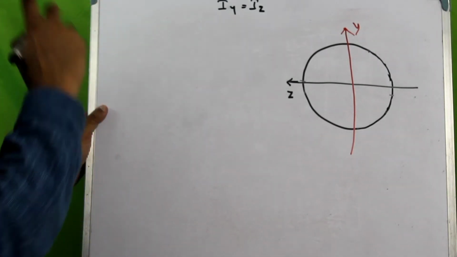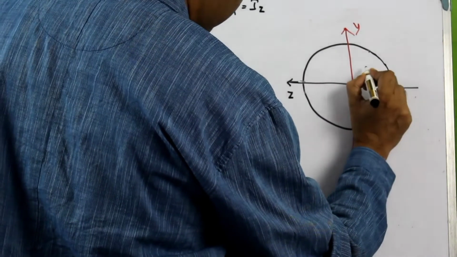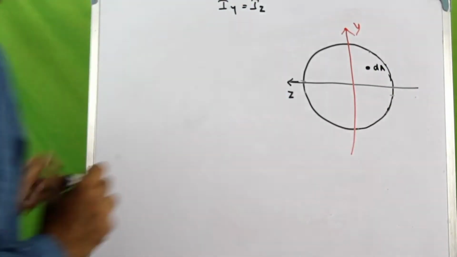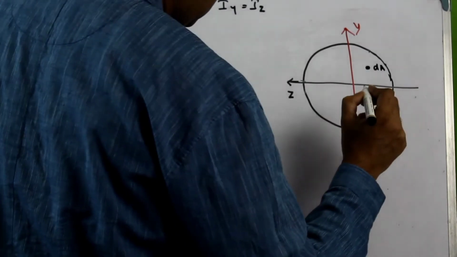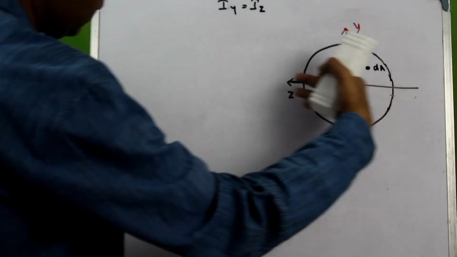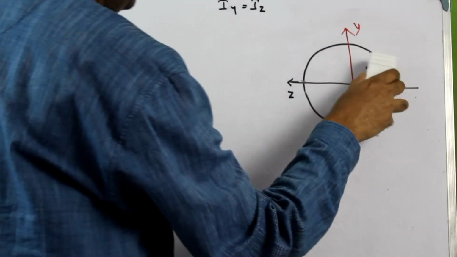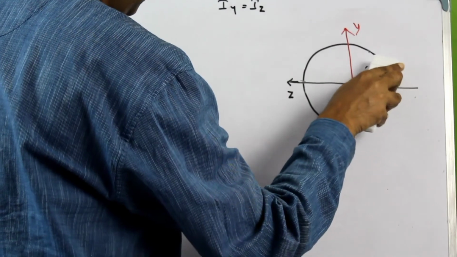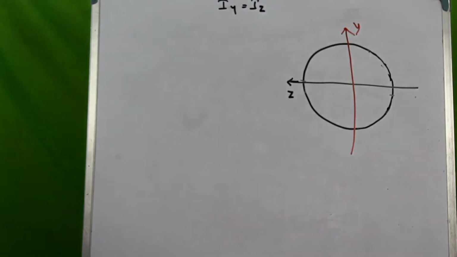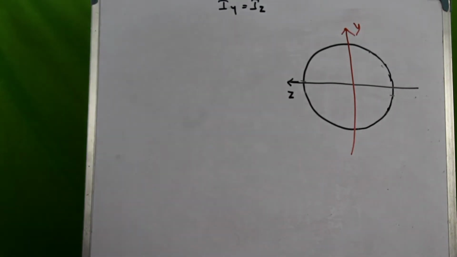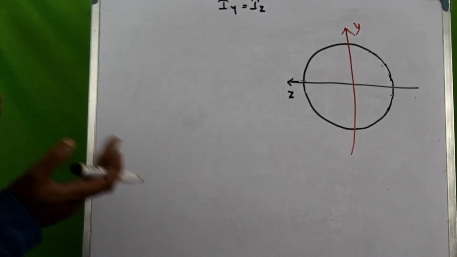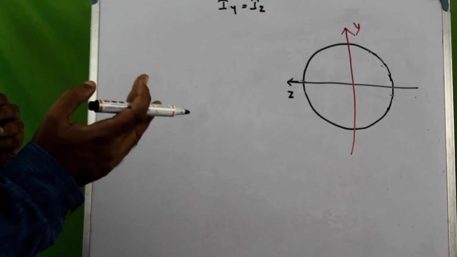Now let us consider an elemental area dA. The positive direction of z is this and the positive direction of y is this. The reason I'm drawing the axes like this is related to StatPro, which we would discuss further when we get into the topic of the local axis system.